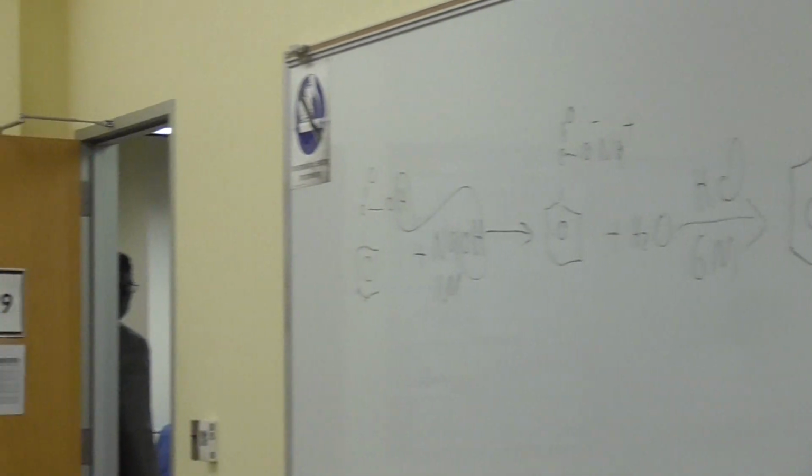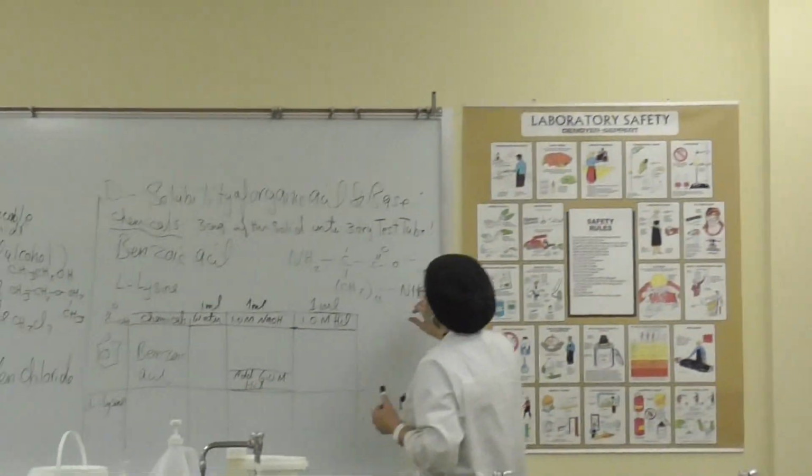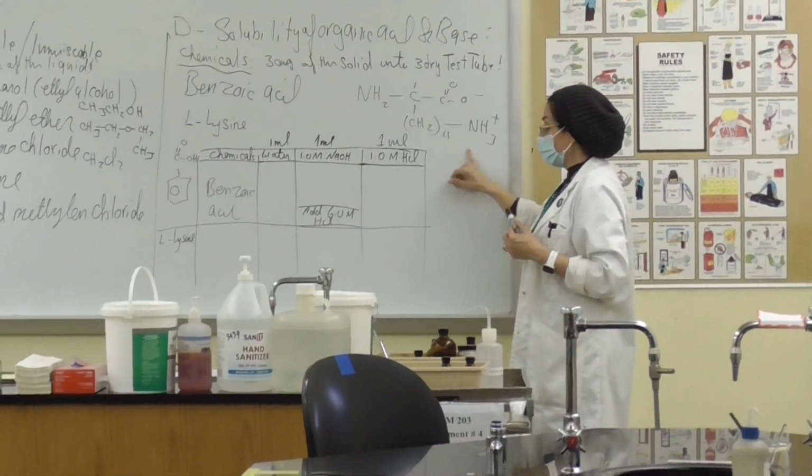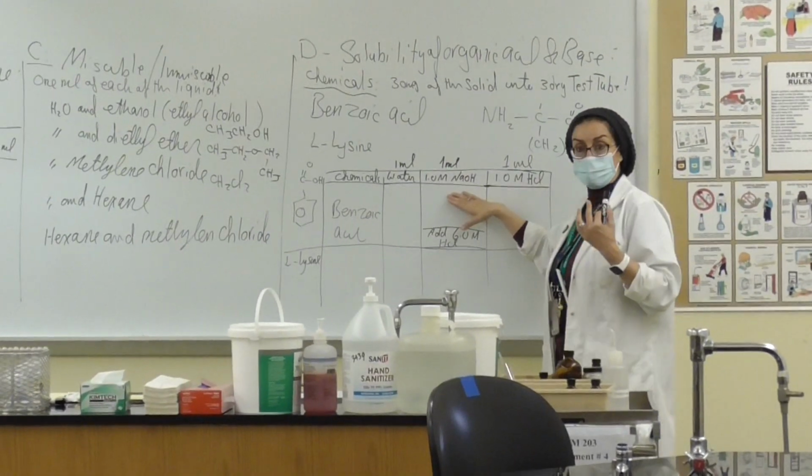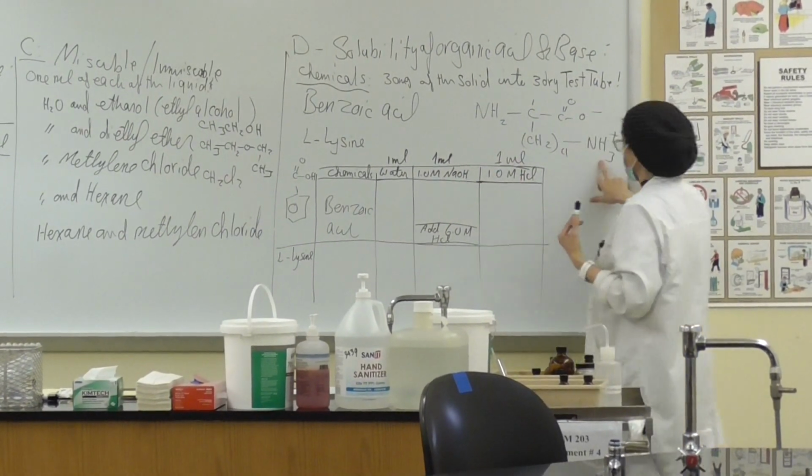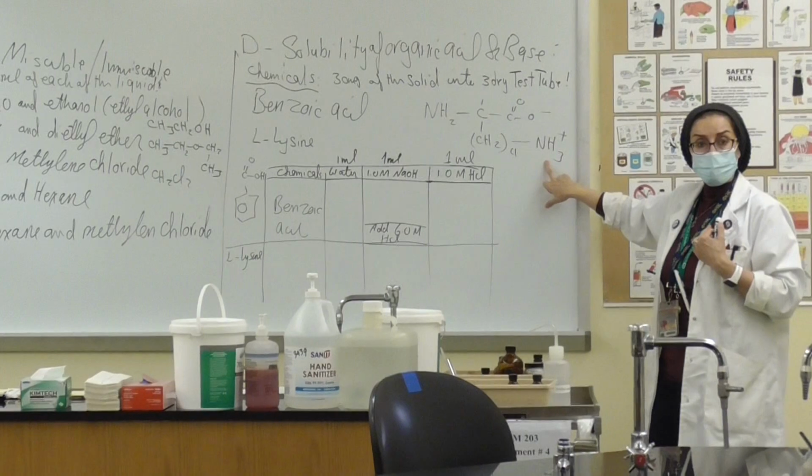We do the same thing with the lysine, but because of the NH3, right, we don't know with the water, with the sodium hydroxide, it is also going to abstract 1, right?